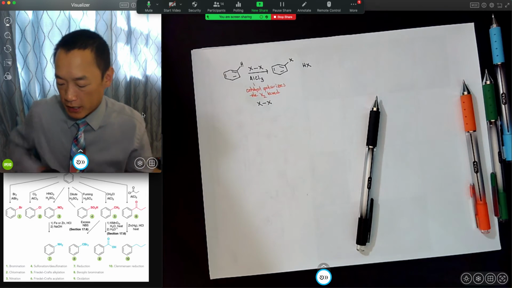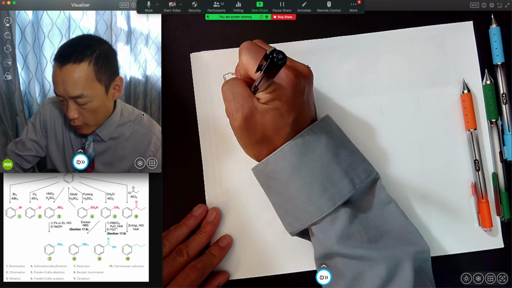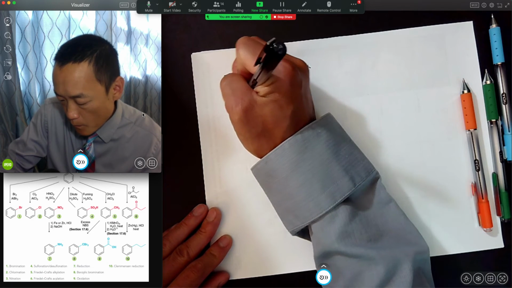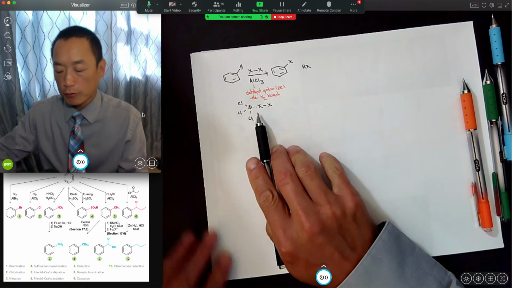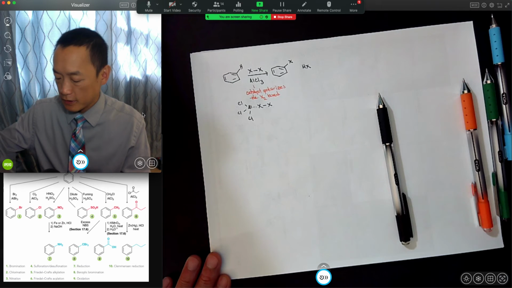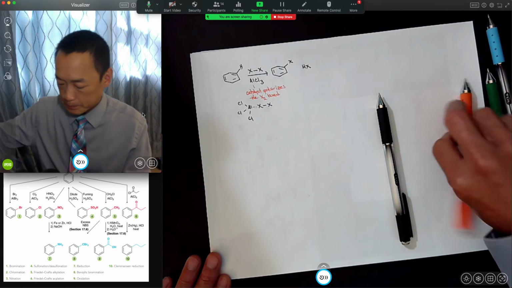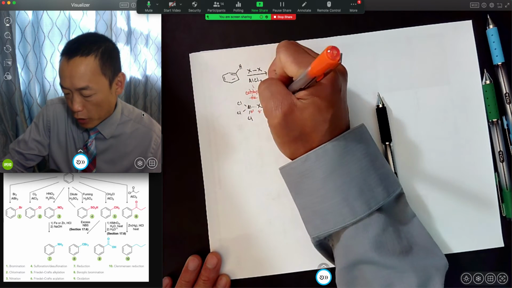And that's pretty easy to do, because if we add this AlCl3, what this does is it just polarizes this bond so that we end up with this Al partial positive, partial negative, partial positive.